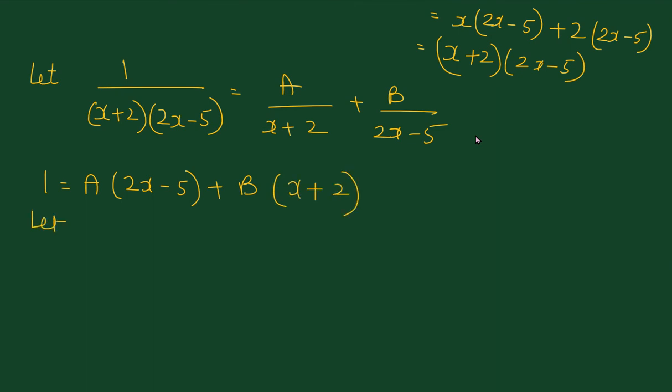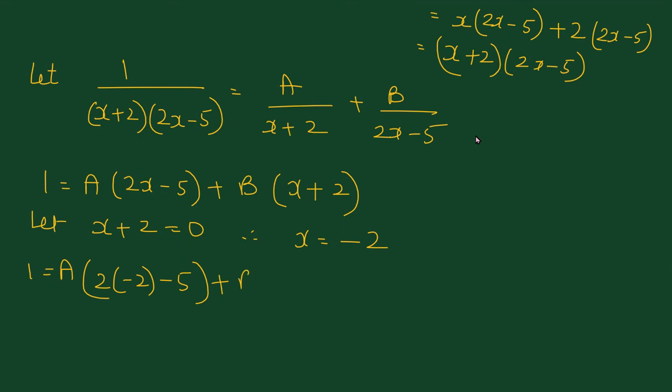Then we let any one of these terms, say x plus 2, be equal to 0. Therefore we get x is equal to minus 2. When we substitute over here, 1 is equal to a into 2 into minus 2 minus 5 plus b into minus 2 plus 2.